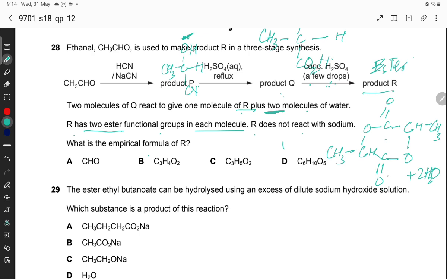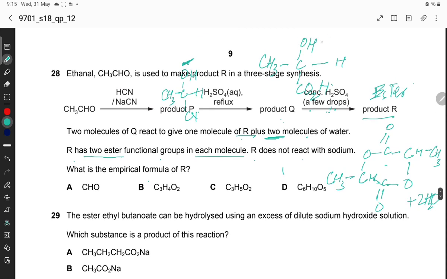This is product R: CH3 CH, C double bond O, and because 2 molecules of water are lost, this product is formed with 2 ester groups. This is one ester and this is another ester group.